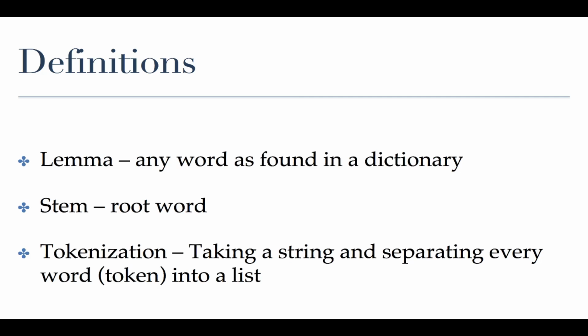It's almost like the core word before it is modified by adjectives or tense or verb or something like that. Okay. The stem of a word, this should maybe be familiar to some of you, is basically the root word. What the word is without any modifiers on it that tell you more information about what the word is doing.